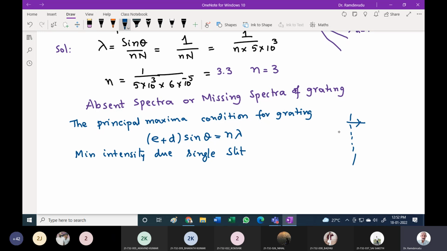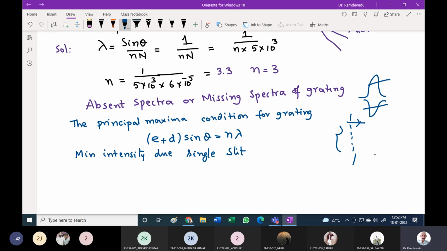exactly falls on the maximum of the grating. This is the maximum one, but a single slit also gives you a minimum. If the single slit minimum exactly falls on this, these two intensities cancel each other. Therefore, that particular order cannot be seen, which we call a missing spectrum.